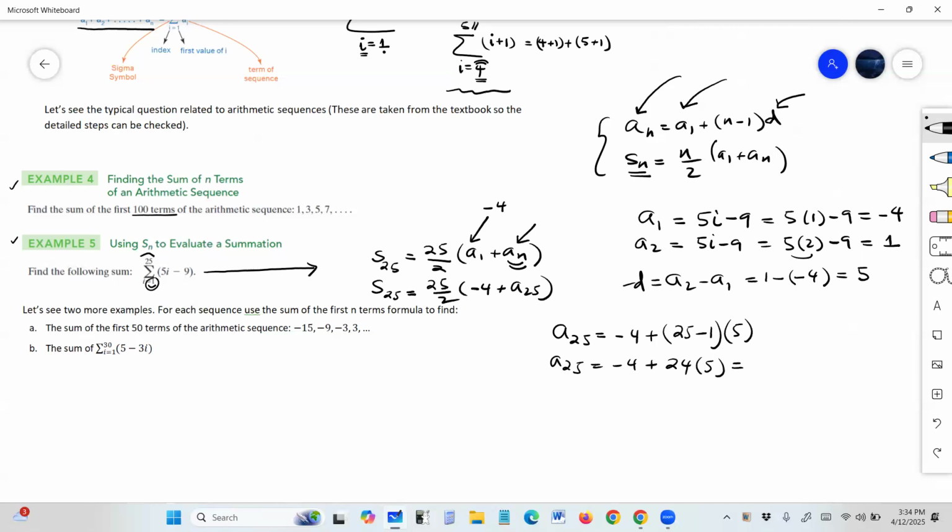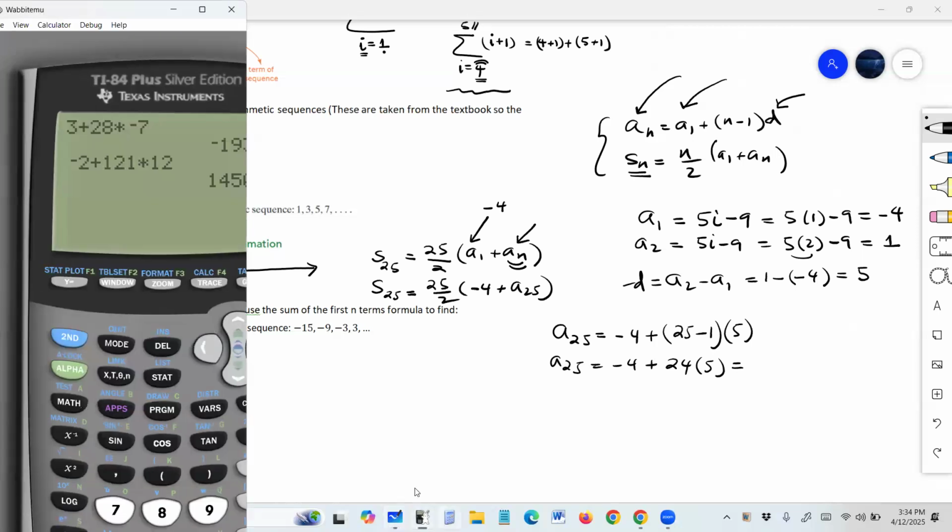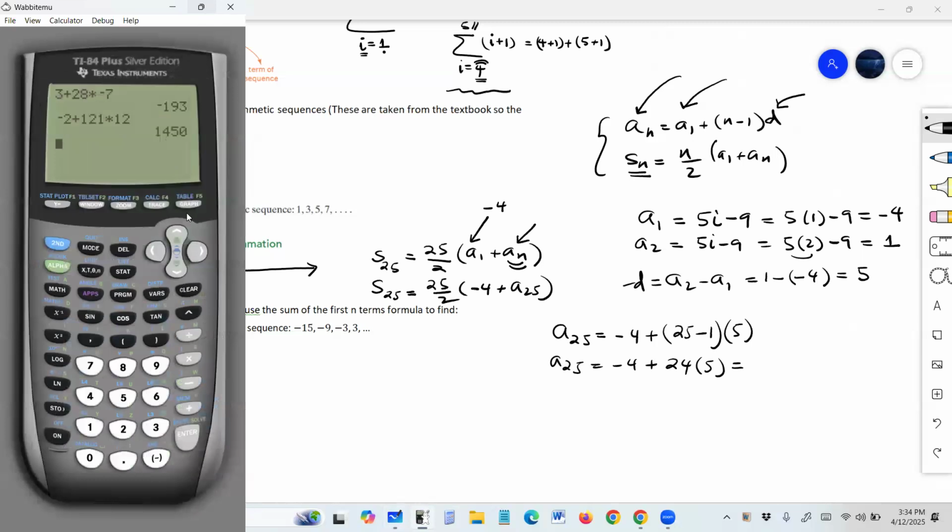And then at this point, again, like I said, you can either do it in your head or you can use a calculator. Here's the calculator here. So -4, let me just clear everything. -4 plus 24 times 5, and that is 116.